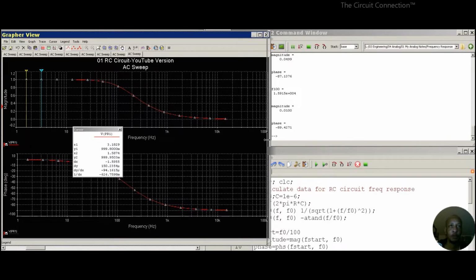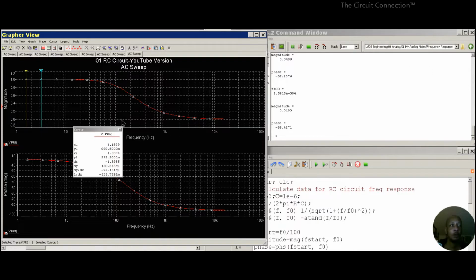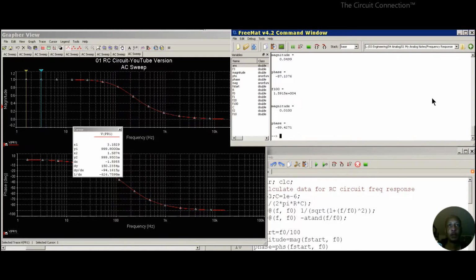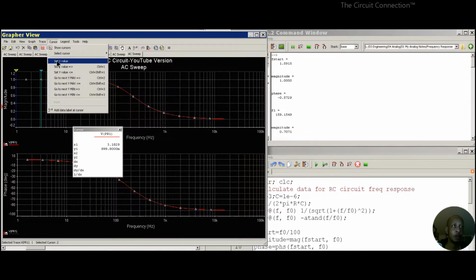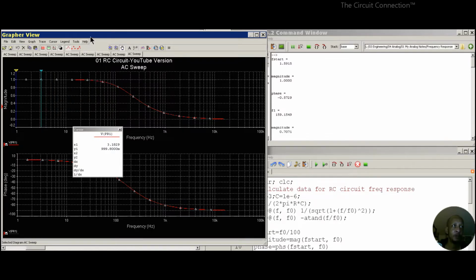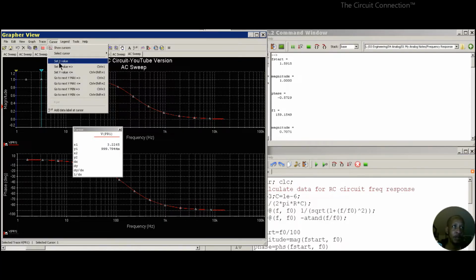First part of this, F start, that was at 1.5915. So what you do is you go over here onto your cursor and, first of all, make sure that you select the cursor that you want. For me, that's cursor 1. Keep it nice and simple.